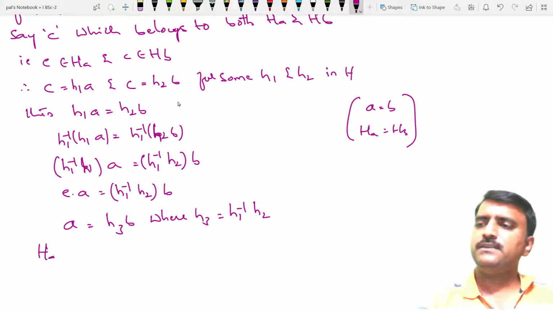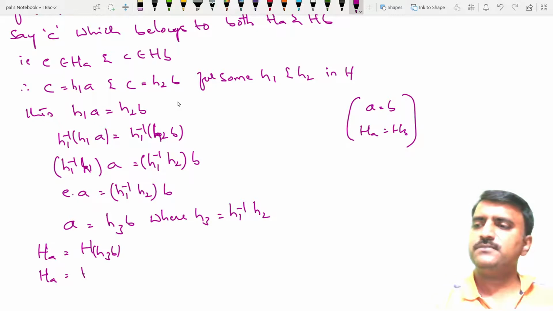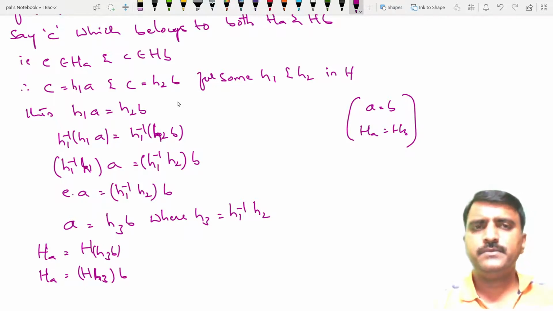So now HA is equal to H3 into B, where H1 is an element of H, and H1 inverse is also an element of H because of the inverse property, since it is a subgroup.